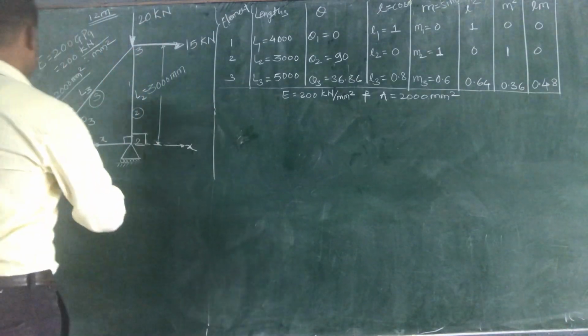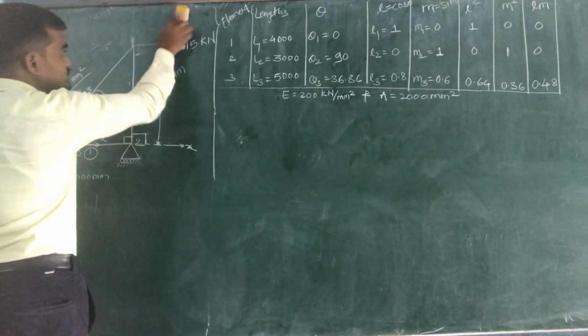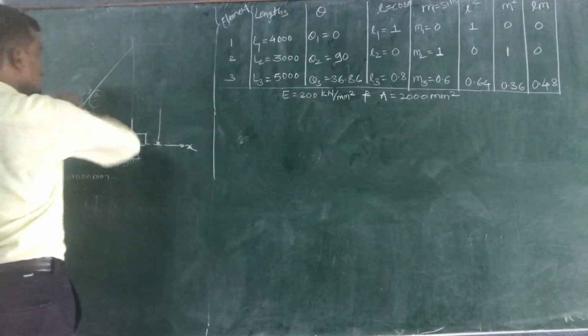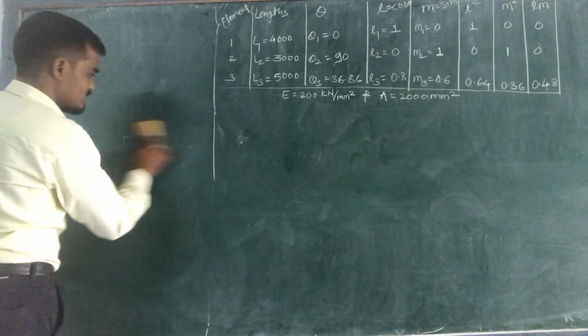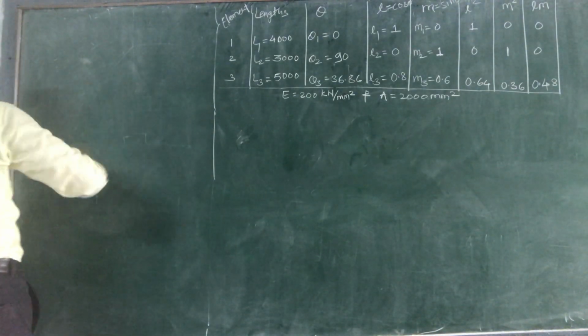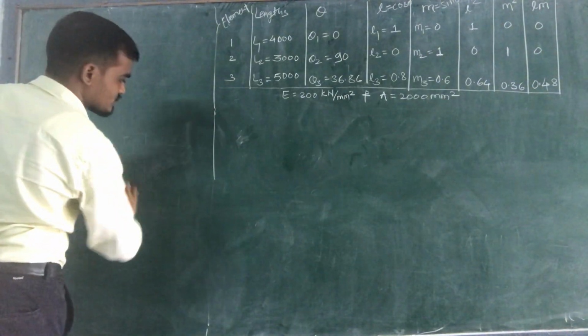We know the standard elemental stiffness matrix for a truss element is given by the following. First we need to write down this standard elemental stiffness matrix in terms of l square, m square, lm.